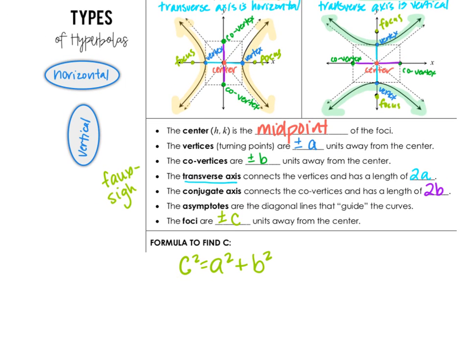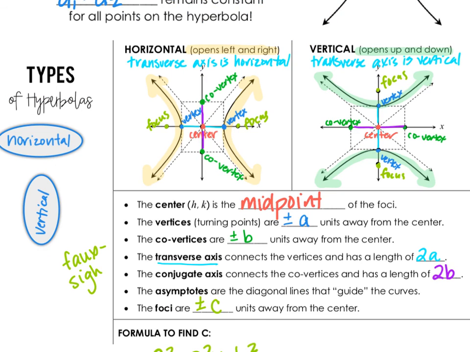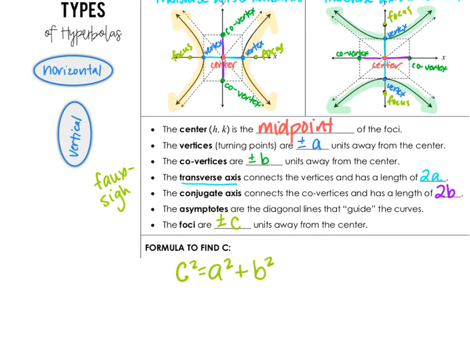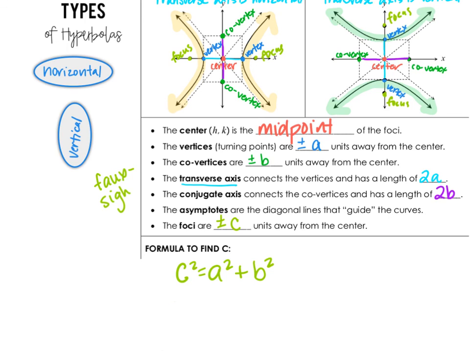When we were working with ellipses, we used the foci formula c squared equals a squared minus b squared. So keep in mind that you don't want to get these two things confused. Ellipses has a minus, hyperbolas has a plus.